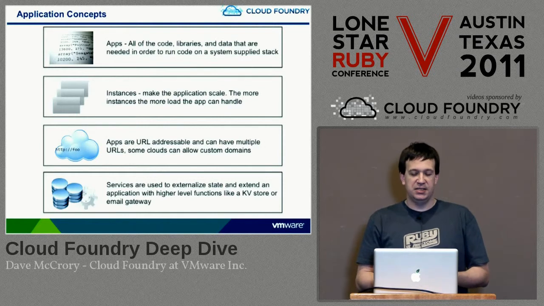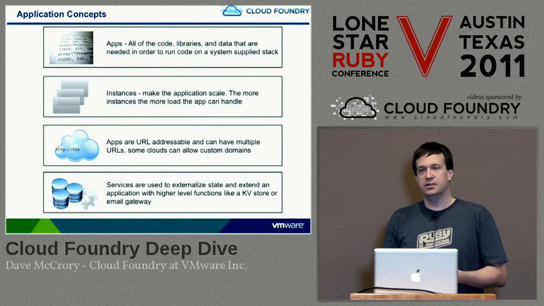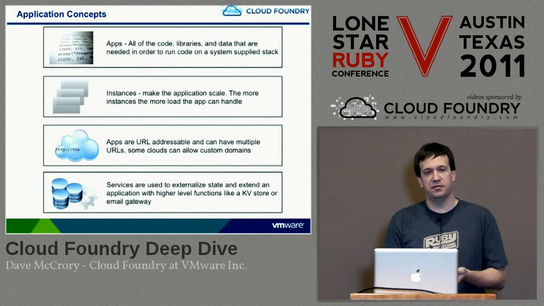And one of the design philosophies is to externalize as much of your state information as possible, so not persisting things locally in your app logic. That's actually what you should do in any of the cloud-esque solutions. You want to externalize the state.